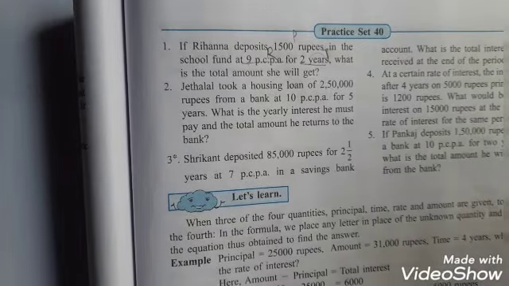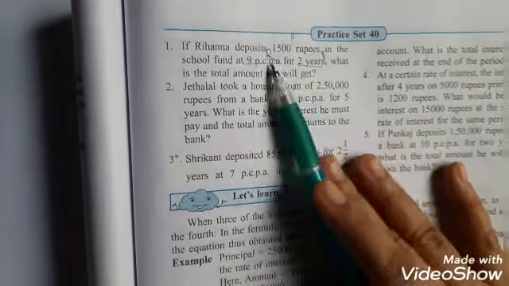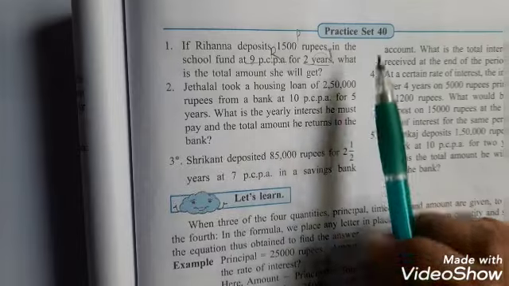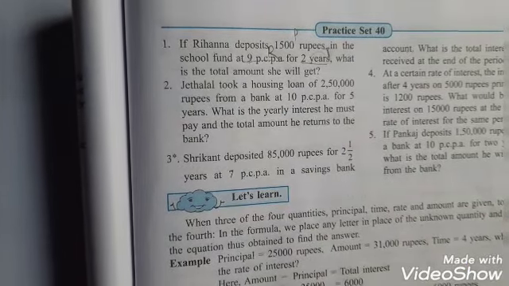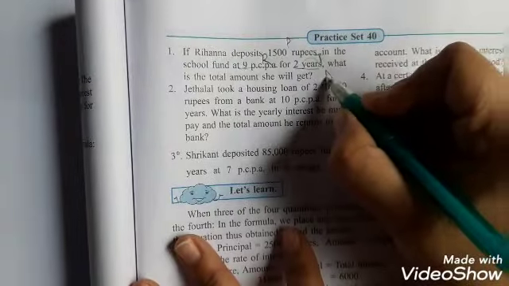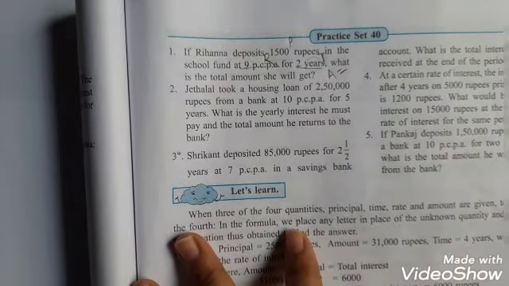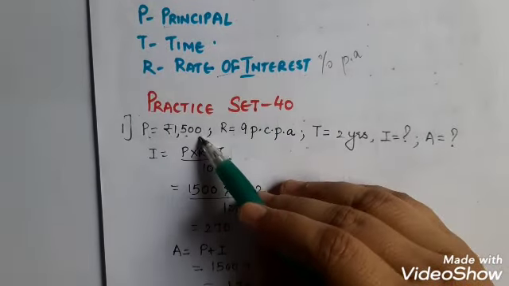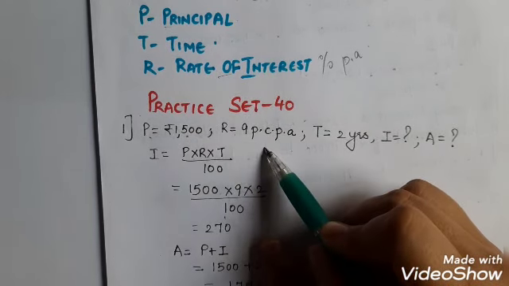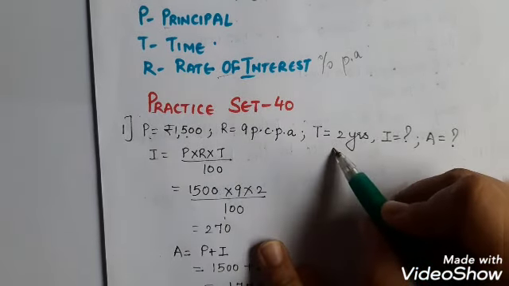So we got to know what P, R and T are. We have to find the total amount she will get. P is 1500 rupees, R is 9 percent per annum, T is 2 years.